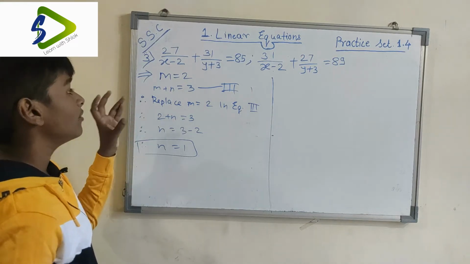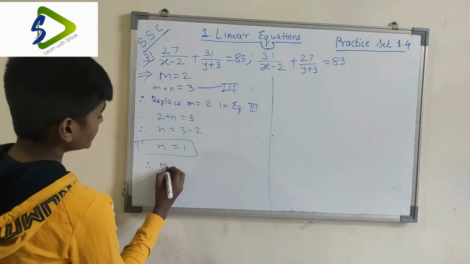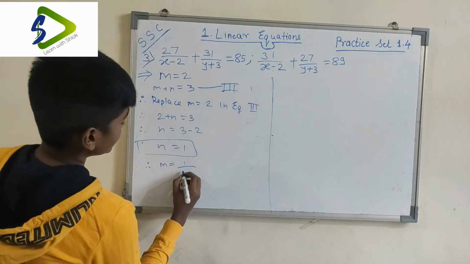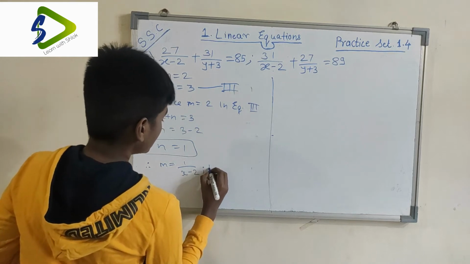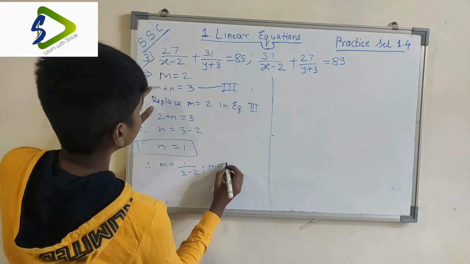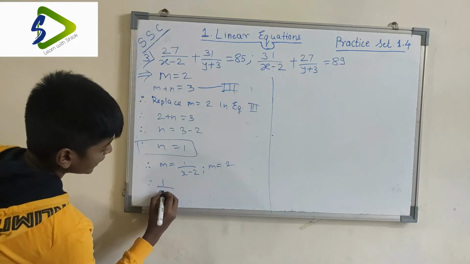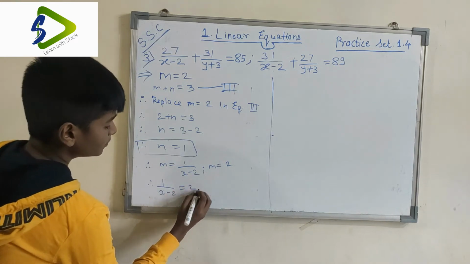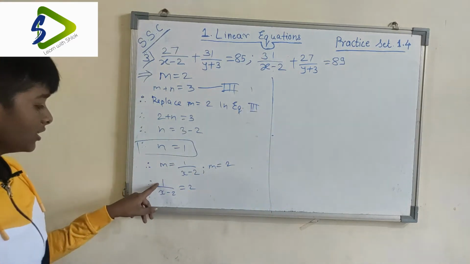So we have found the value of m and n, and now we considered m is equal to 1 by x minus 2, and we also consider it to be m is equal to 2. So that means 1 by x minus 2 is equal to 2, right? Now you can take this one to the other side.